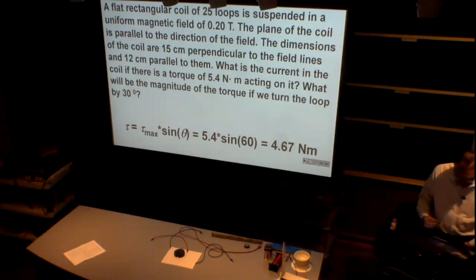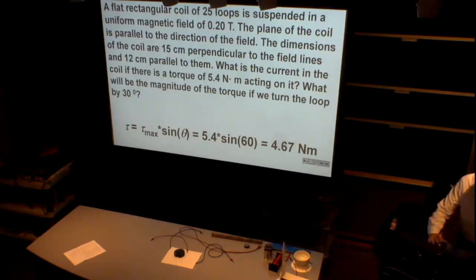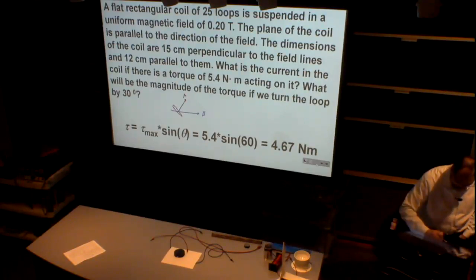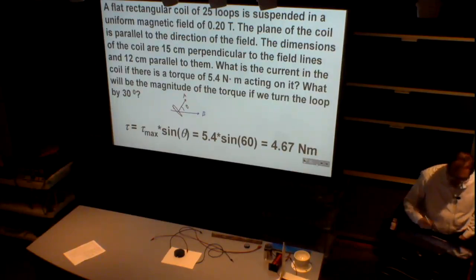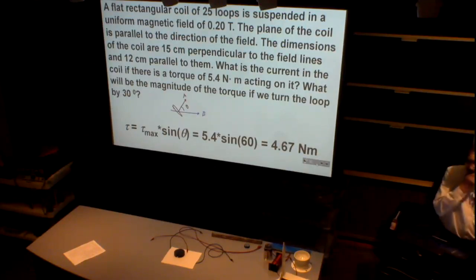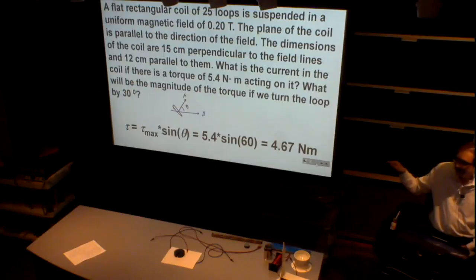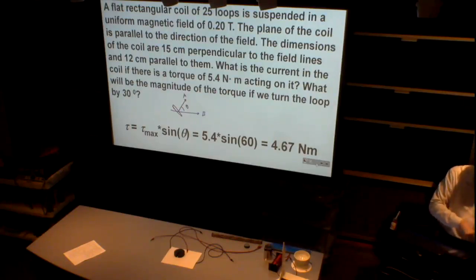So this problem is much more about how to apply a definition correctly for the angle we are looking for, and that angle has to be measured always between the area vector and magnetic field. That's how it has to be measured according to a definition, because this is how the equation has been derived initially using this angle.